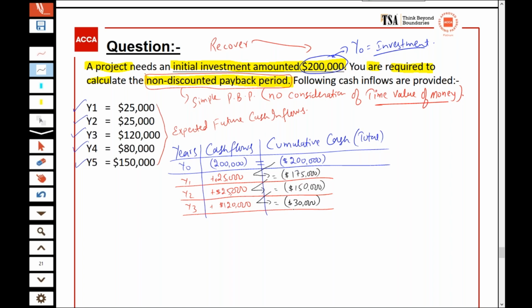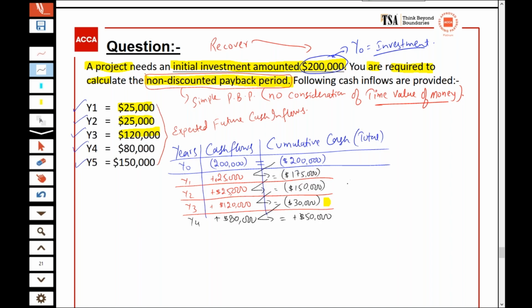Still my investment is left, because so far I have earned 25, 25, and 120. 120 plus 25 plus 25 is equal to 170. That means 30 is left. And now year 4 is something different. I will have plus 80,000. That means now minus 30 plus 80 will be positive 50,000.